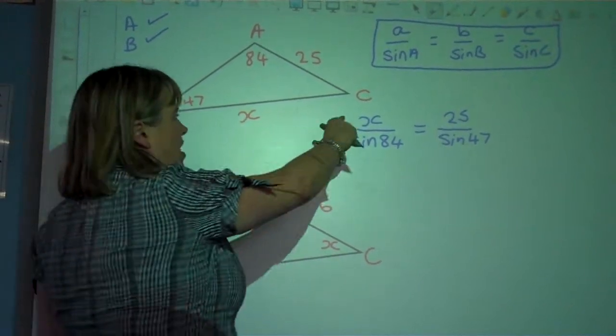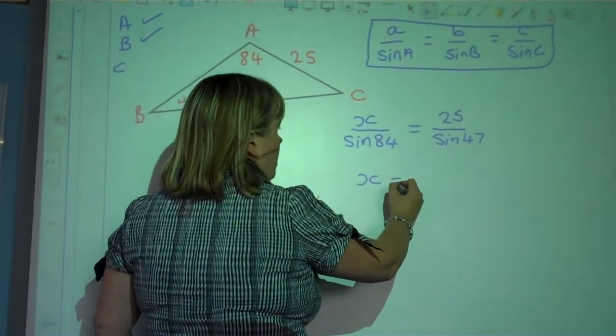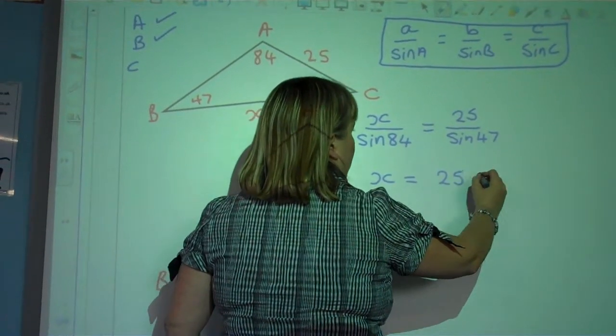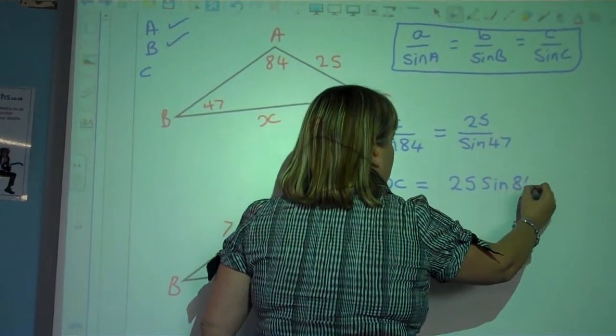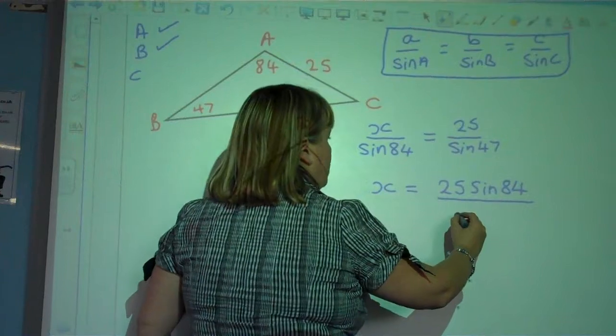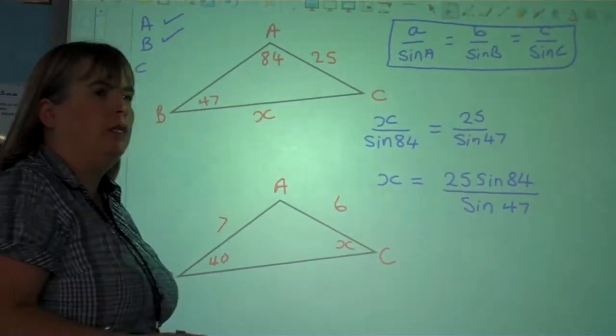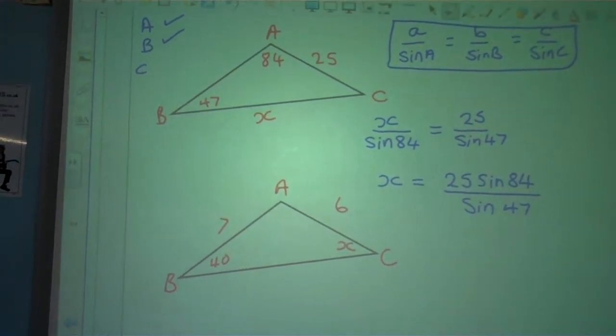Okay? So to get the x by itself, I take the sine 84 up to the other side. So 25 sine 84 divided by sine 47. Okay? So have a go at that one.